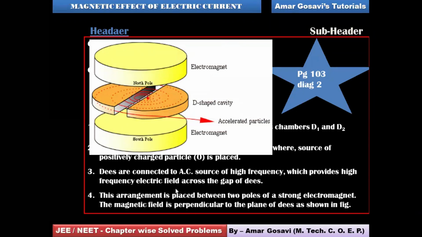You can have a look at it. This entire arrangement is placed under the effect of strong magnets basically. Please make a note of it before I proceed further. Okay, hopefully you have noted this down, friends.